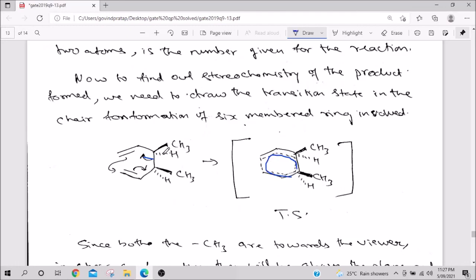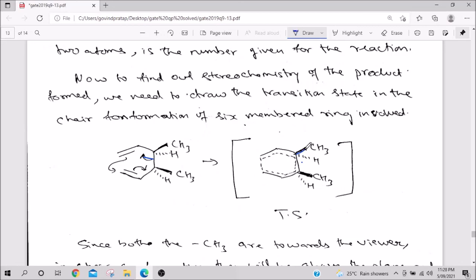Now, to find out the stereochemistry, this 6-member transition state has to be made like a chair conformation. Remember, the normal wedge and dash shape is called the sawhorse projection formula.